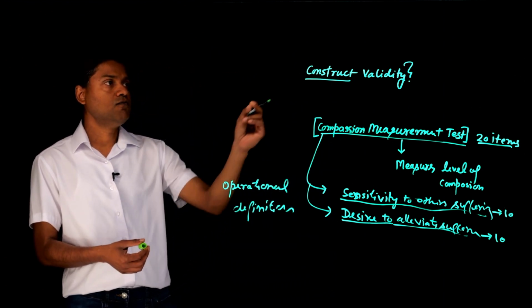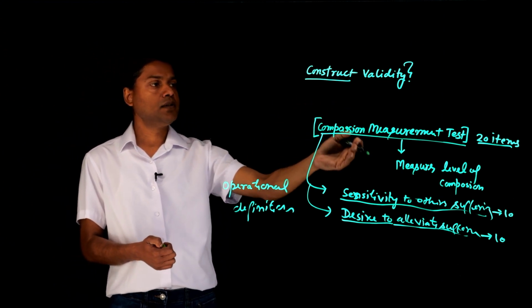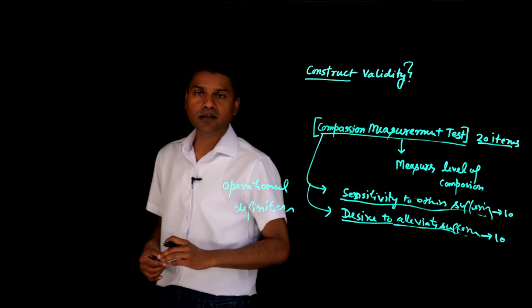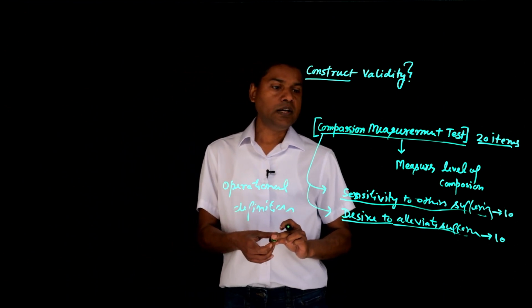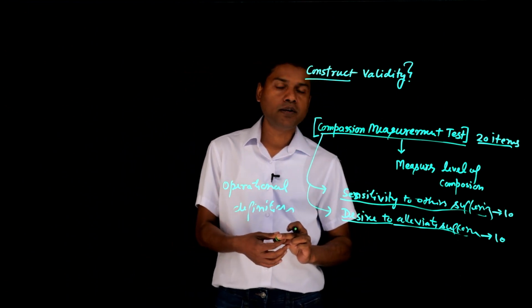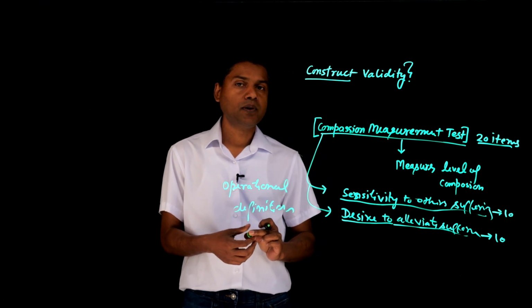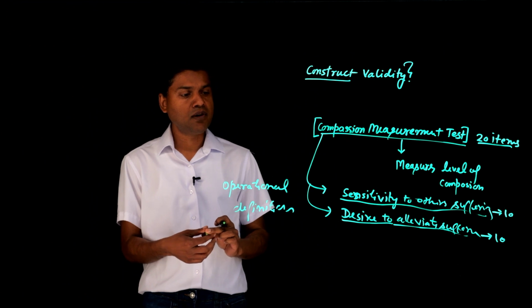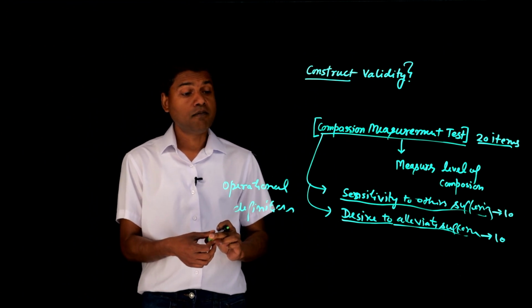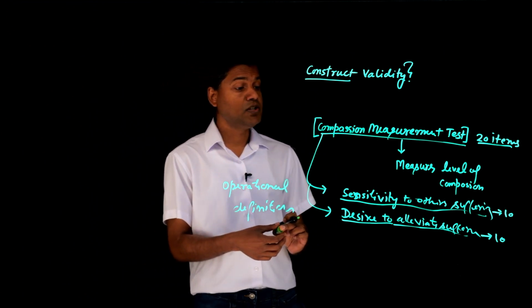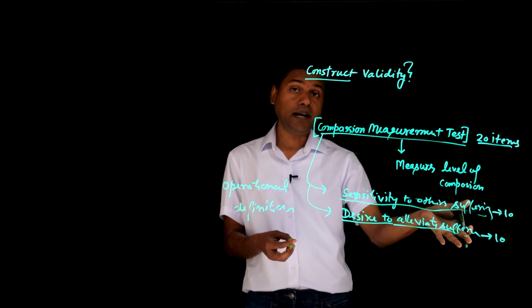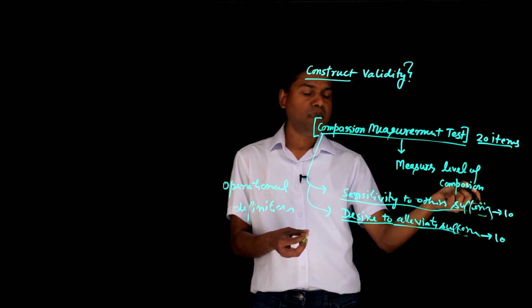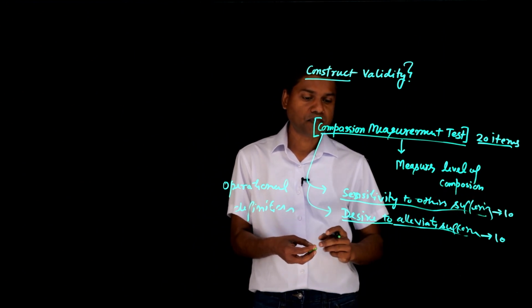If I want to measure the construct validity of this tool, I will ask myself, is it really measuring what it claims to measure? Or maybe it's measuring, but maybe not measuring comprehensively. Maybe the items that it has are not measuring what it claims to measure.